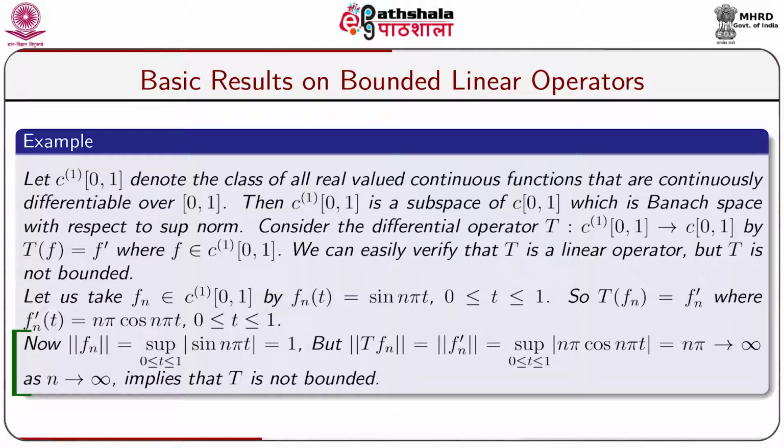Now, norm of f_n is equal to the supremum of |sin(nπt)|, where the supremum is taken over the closed interval [0,1], which is equal to 1. But norm of Tf_n is equal to norm of f_n', which is the supremum of |nπ cos(nπt)|, where the supremum is taken over the closed interval [0,1], which is equal to nπ and tends to infinity as n tends to infinity. This implies that T is not bounded.